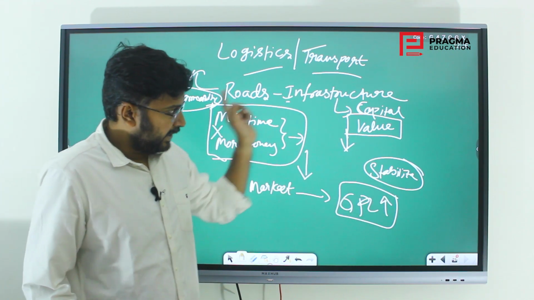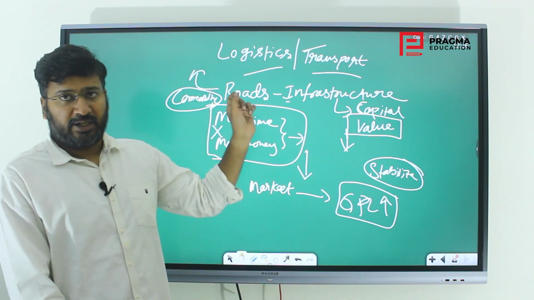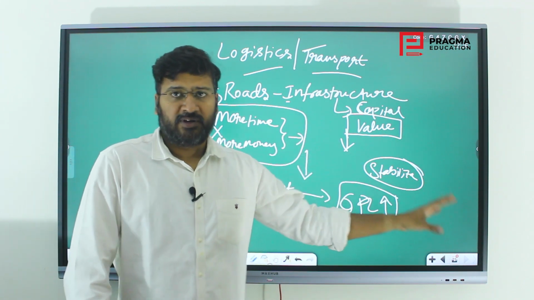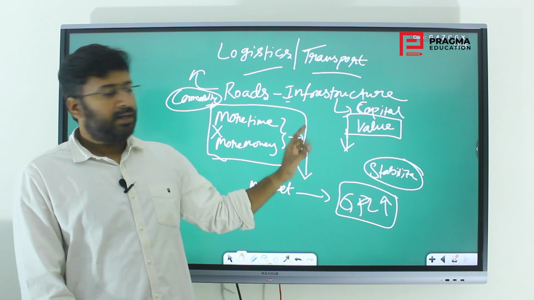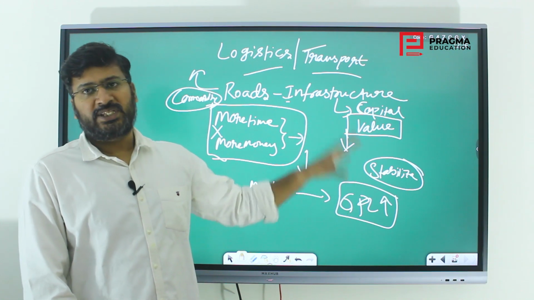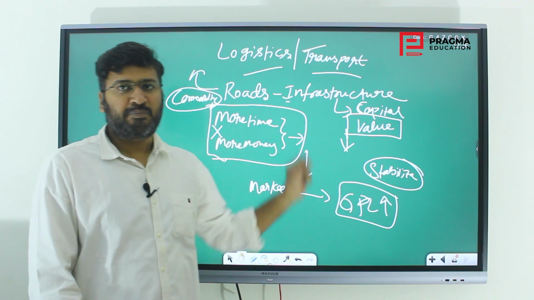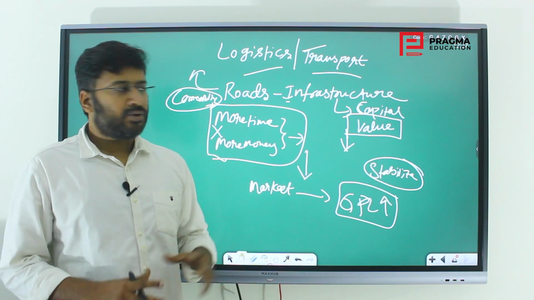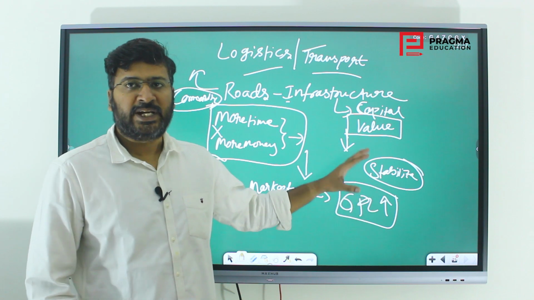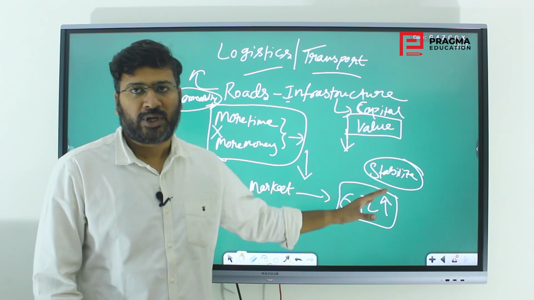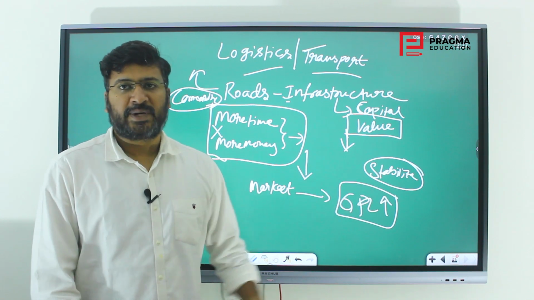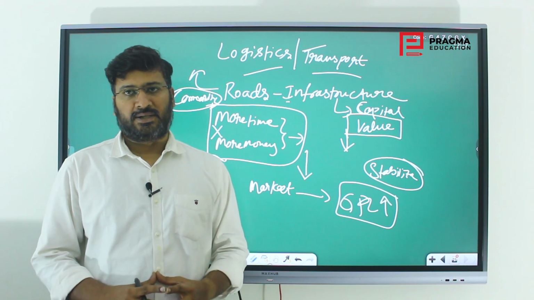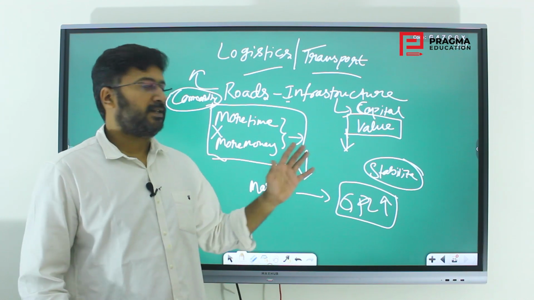So it needs to be checked, it needs to be plugged. If it is not plugged, this may lead to a situation like in Zimbabwe. So these structural defects need to be addressed from time to time by the respective economies. So this is about structural inflation.